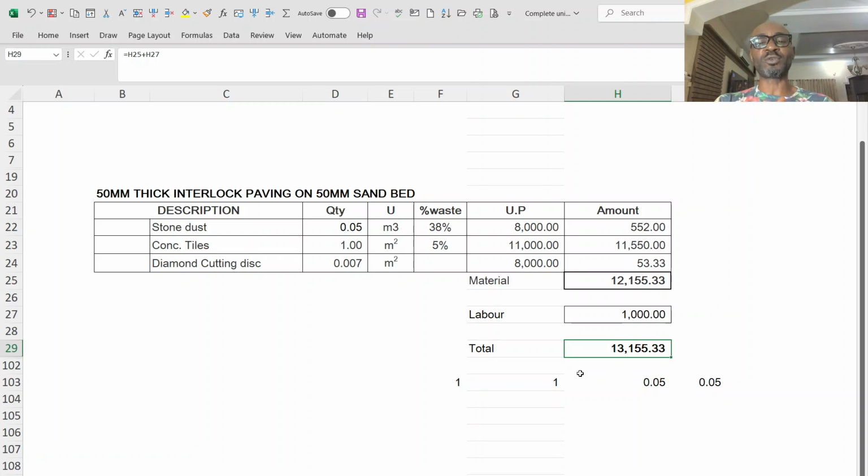So if I've been able to share more light on how to analyze and build up your unit rate per square meter for an interlocking pavement, please leave a comment on my page.